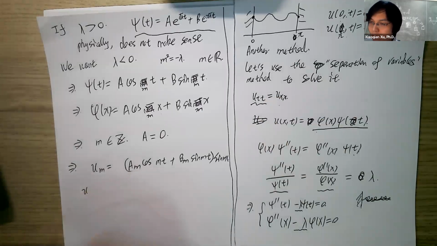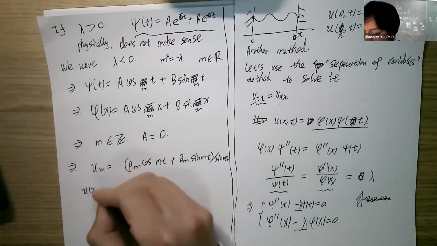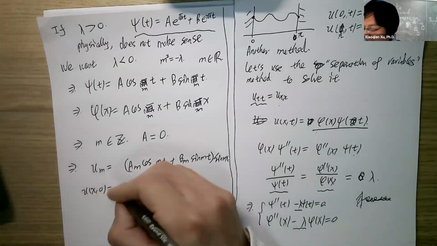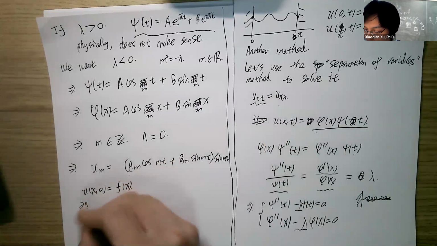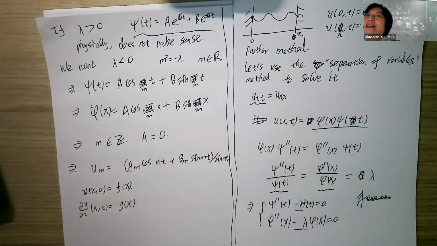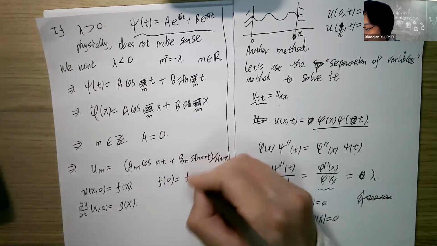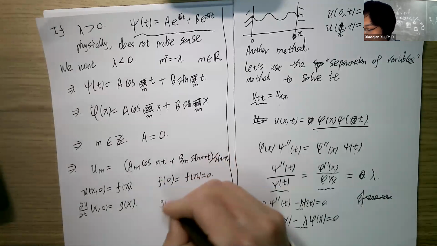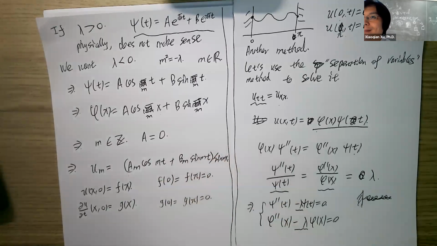So which means you want to find u such that u(x,0) equals to some function that we are given, and partial u partial t at (x,0) is some other function that we are given. Okay, and of course this f and g should satisfy f(0) equals f(pi) equals 0, g(0) equals g(pi) equals 0.